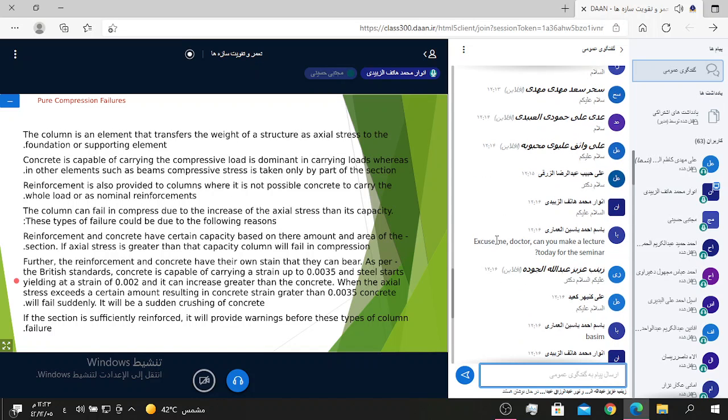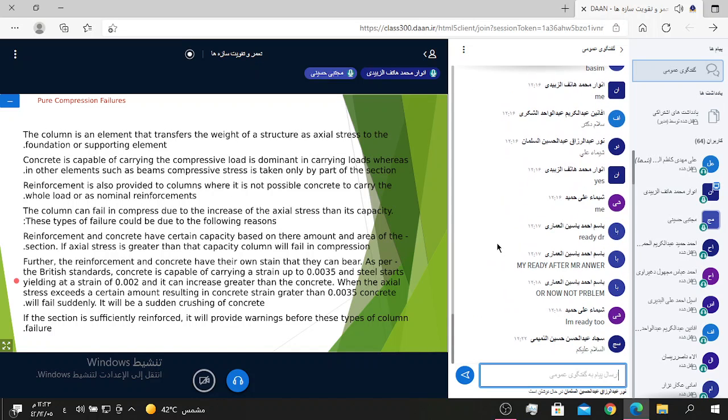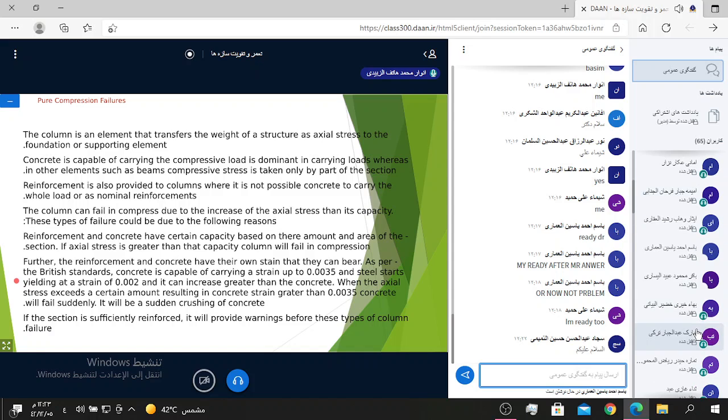Concrete is capable of carrying a strain up to 0.0035 and steel yields at a strain of 0.002, and it can increase greater than the concrete when the axial stress exceeds a certain amount, resulting in concrete strain greater than 0.003. Concrete will fail suddenly. It will be sudden crushing of concrete. If the section is sufficiently reinforced, it will provide warning before this type of column failure.